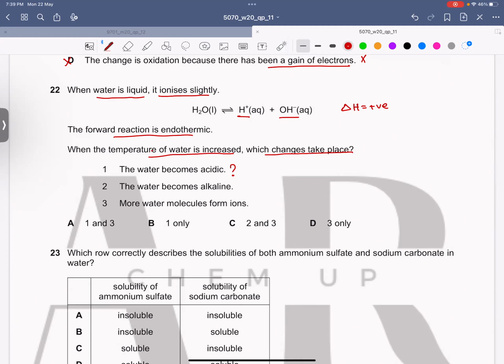Why? So endothermic, what is the connection with the endothermic being acidic?